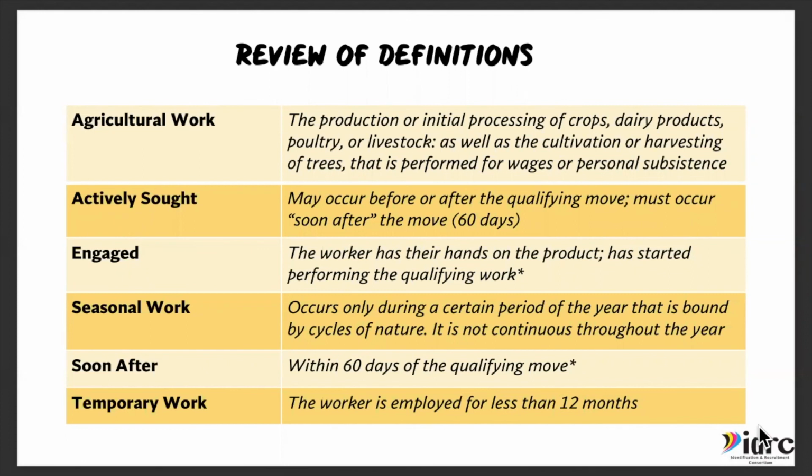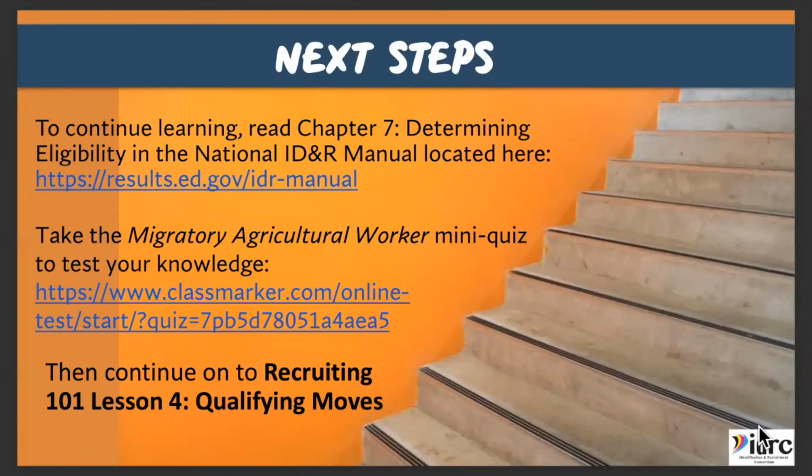Engaged means that the worker has their hands on the product and has started performing the qualifying work. Seasonal work is any work that occurs only during a certain period of the year and is bound by the cycles of nature. The work is not continuous throughout the year. Soon after means within 60 days of the qualifying move, and temporary work is any work that is done for 12 months or less. This concludes Lesson 3 of the Recruiting 101 module.